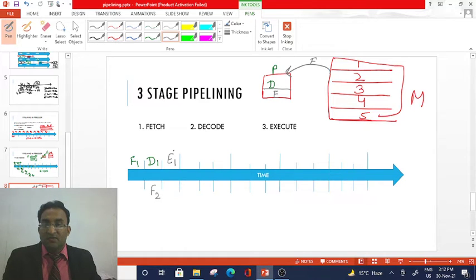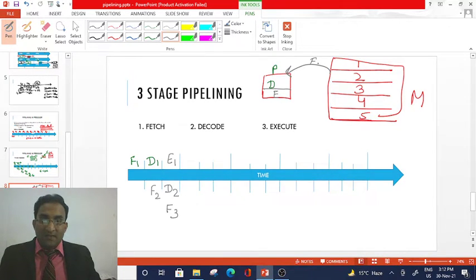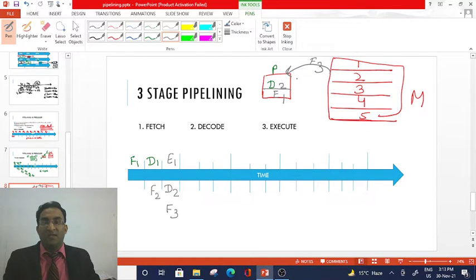While the execution of the first instruction is going on, the second instruction's decoding starts, and in the same cycle, the fetch operation for the third instruction begins. So fetch of the third instruction, decoding of the second instruction, and execution of the first instruction are going on together, because all these three stages are independent of each other. This is the concept of pipelining.